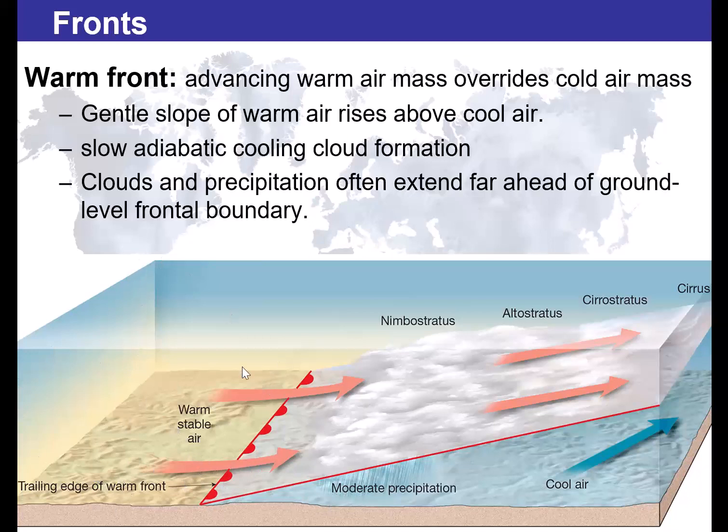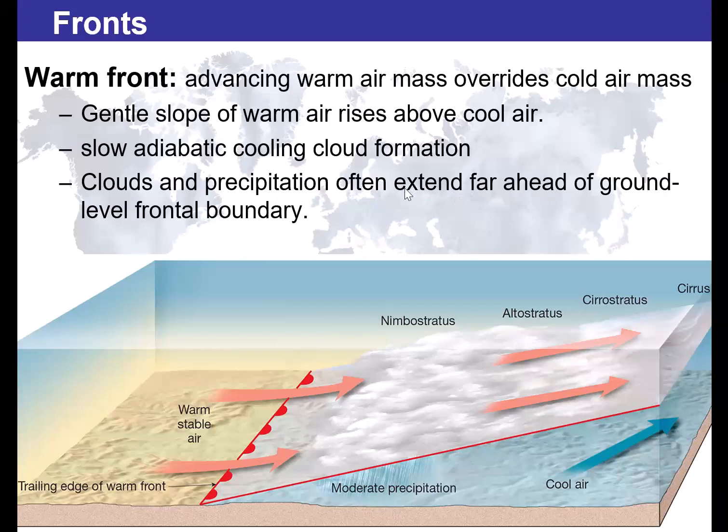But the interaction that we see is that the adiabatic cooling is much slower because it is not being forced up by that rapidly moving cold front. So clouds and precipitation are still prevalent, but critically, they are nowhere near as violent or extreme as when you have a cold front forcing warm air to rise.